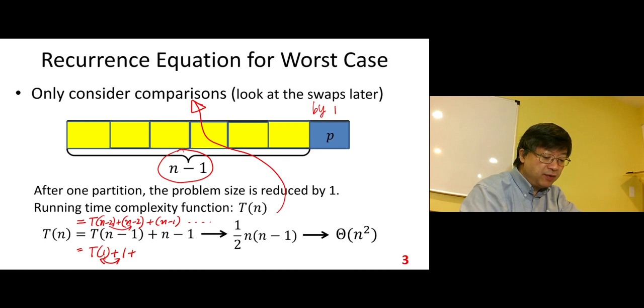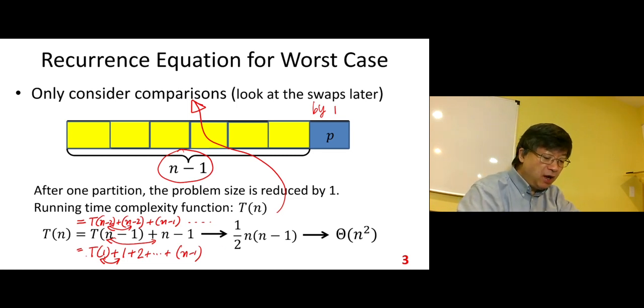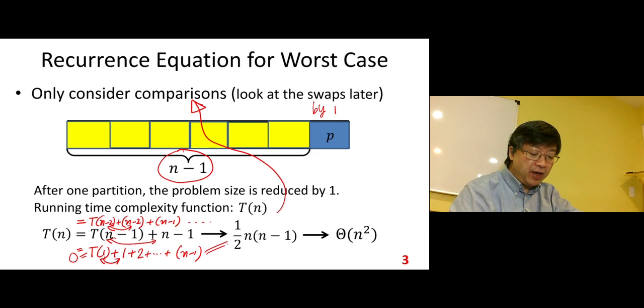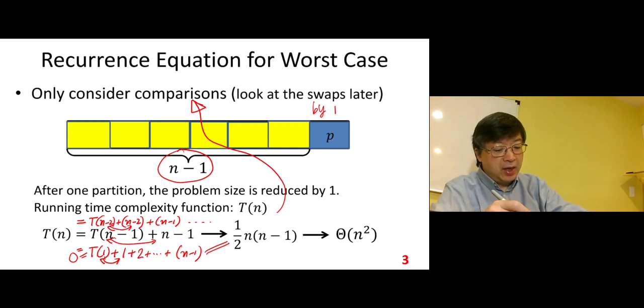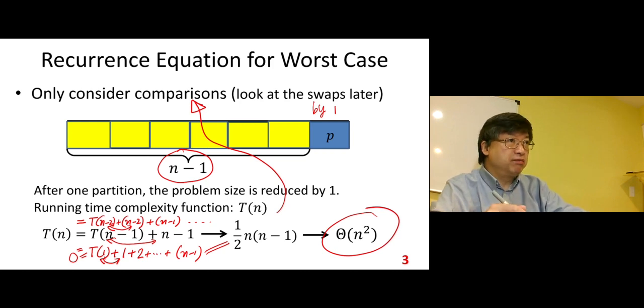Observing the previous cases, they have the same size. So that's why we get this. The last one, n minus 1, because T of 1 equals 0. No comparison if there is one element. So then we get an answer. And finally, it is big theta of n squared.